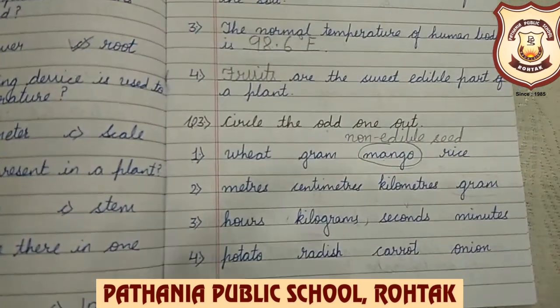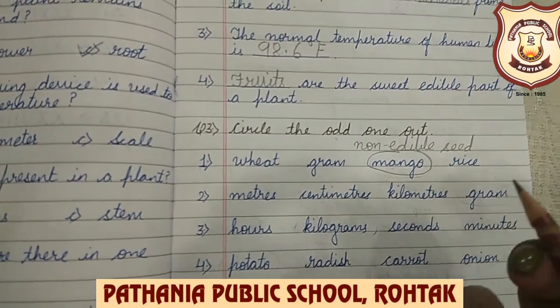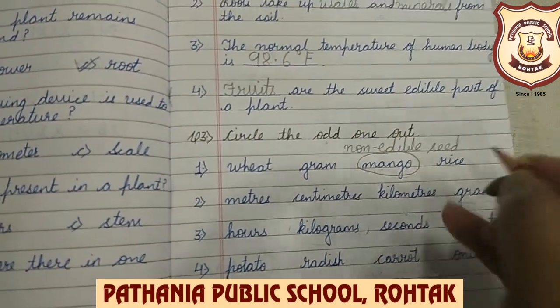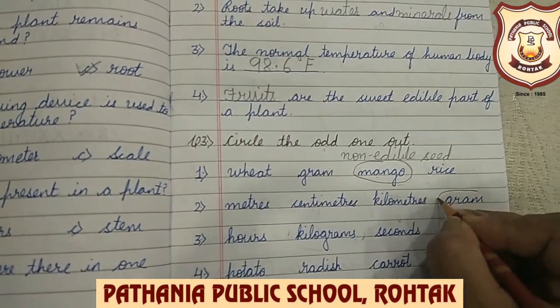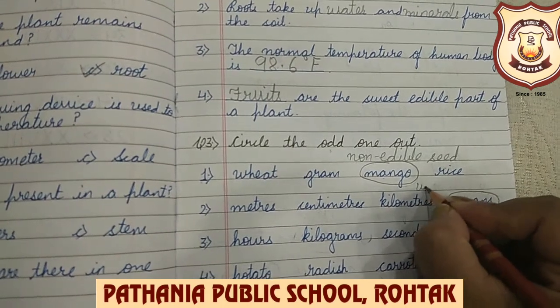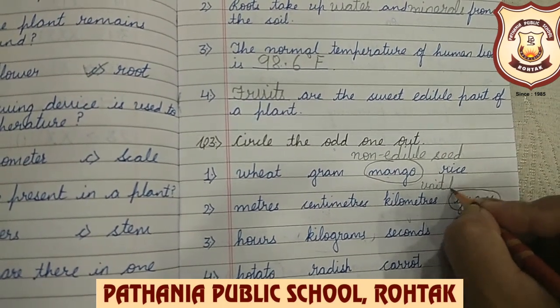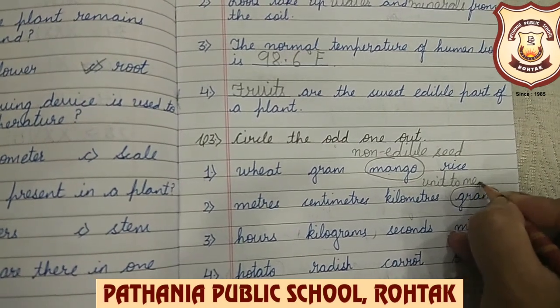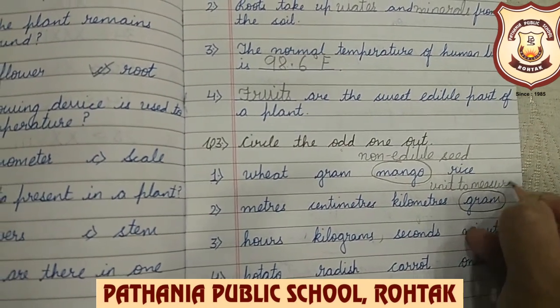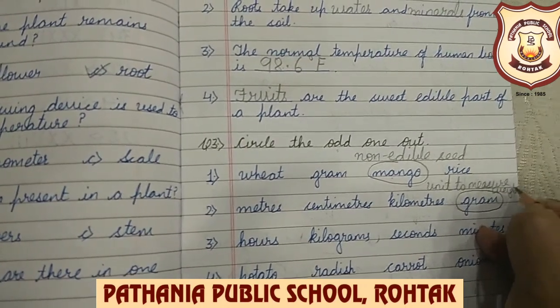Now next is meter, centimeter, kilogram and gram. Which one is the odd one out? Right, it is gram. And why? Because it is a unit to measure weight. So we will write down unit to measure weight.